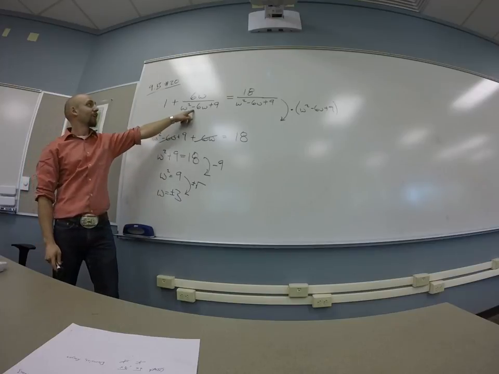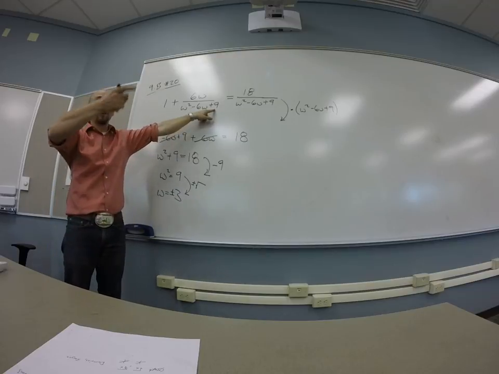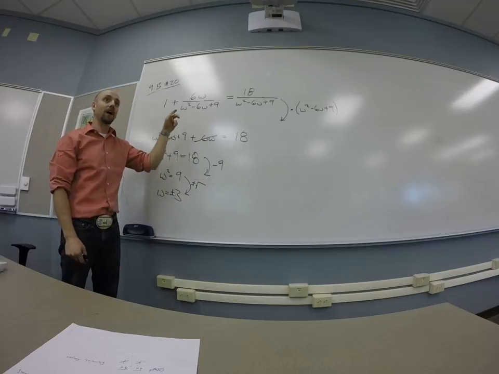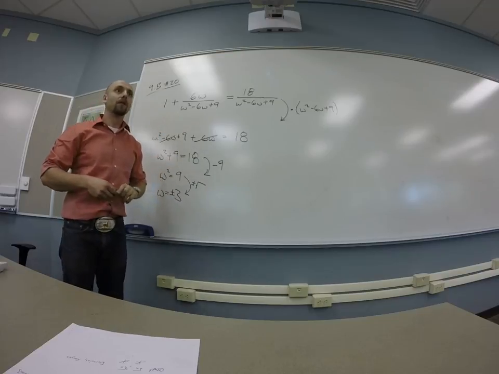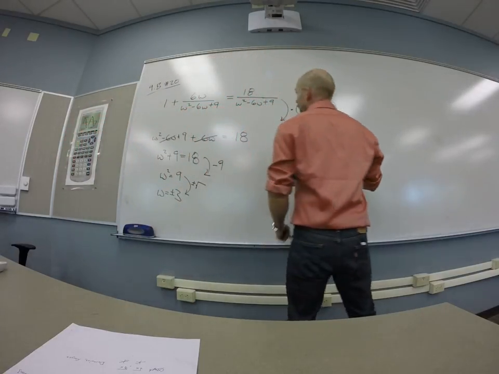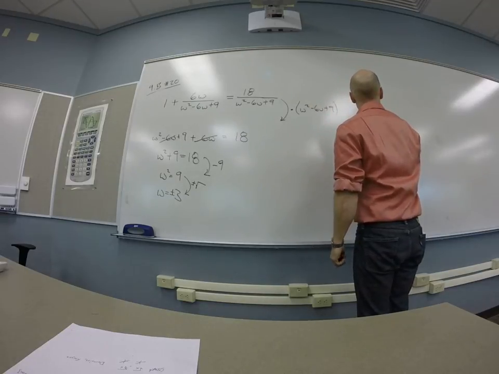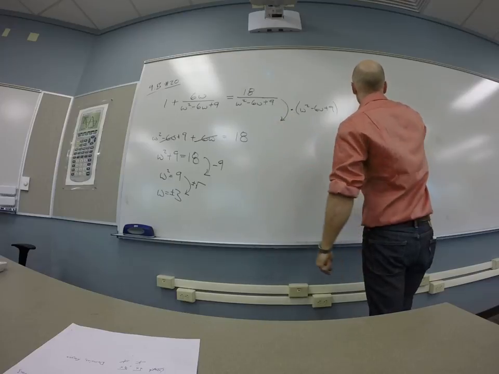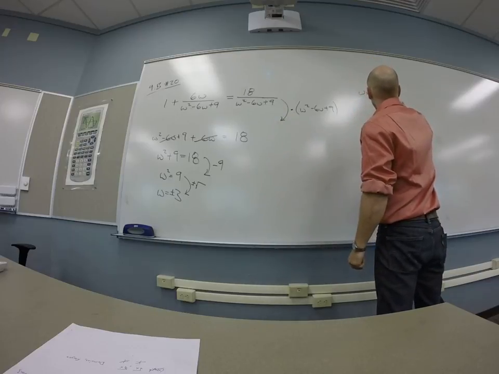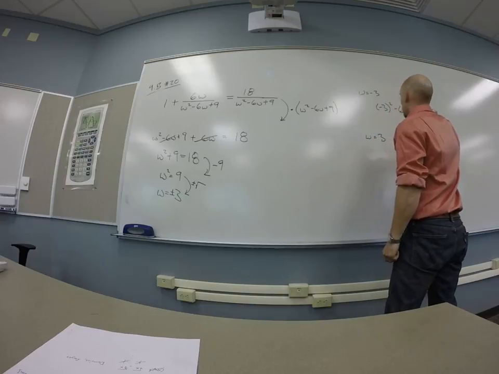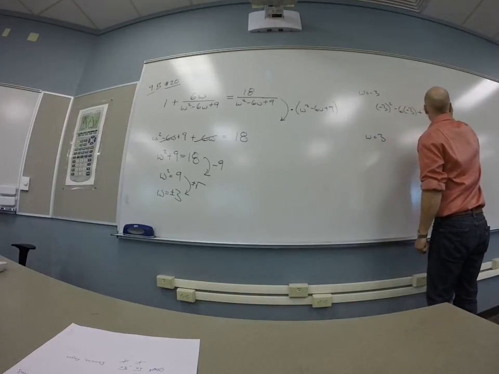Okay, so you could look at this, w squared minus 6w plus 9, and try to factor it. That's one way to do that. The other way is to cram these in there, right? So we can either do, okay, w is minus 3, w is 3, and check. So if w is minus 3, I get minus 3 squared minus 6 times minus 3 plus 9. And I'm wondering if this is 0.